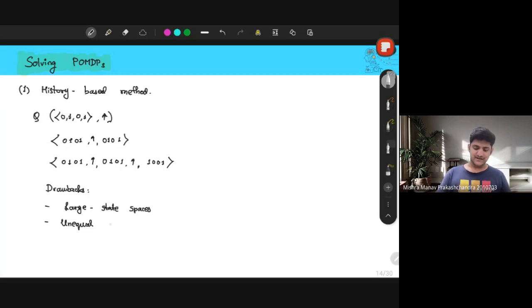So you have unequal state description. And thirdly, there is wastage of computation. So you are again and again computing, like storing the same state value in consecutive steps. So a lot of resources and computation gets wasted in this particular case.